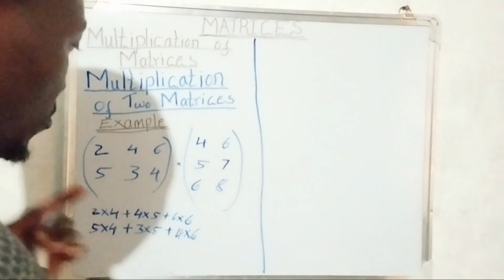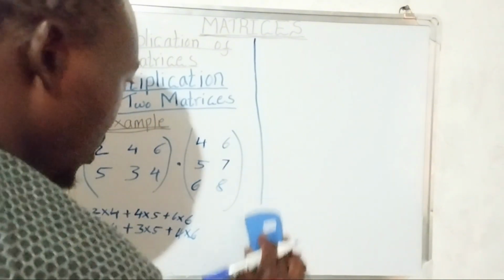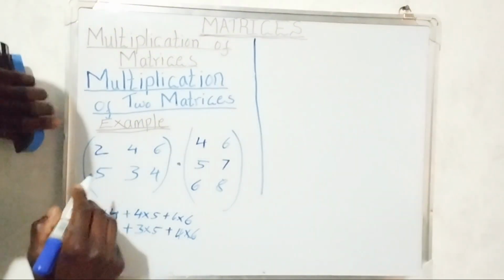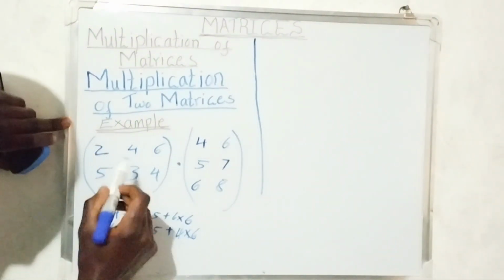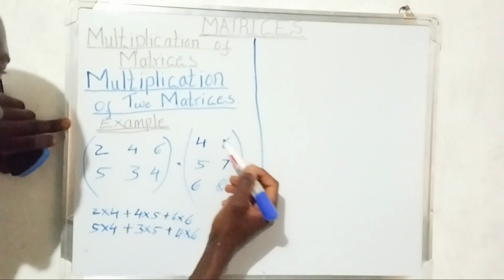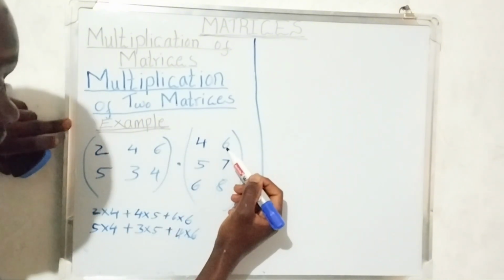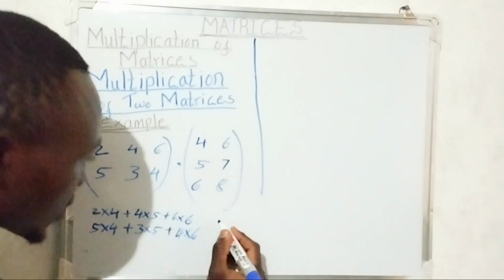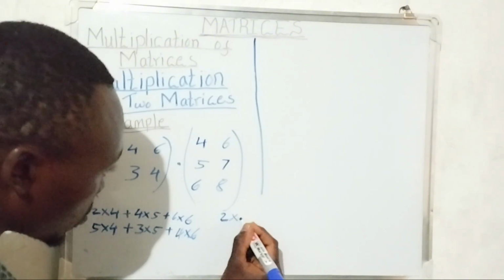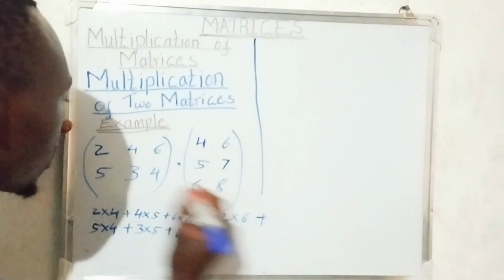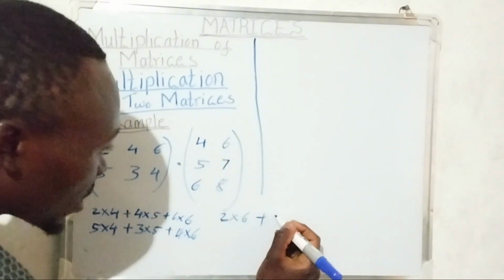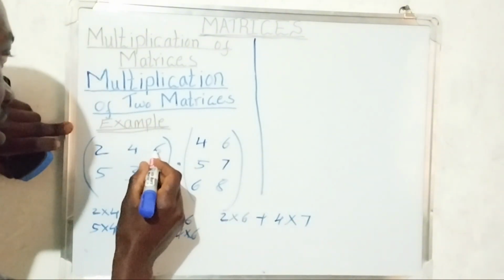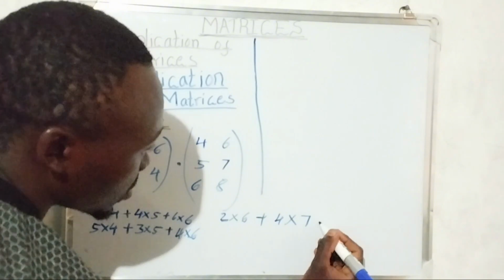Because of space, let me rotate this. So we are going next. The next thing is 2 times the second column: 2 times 6, plus 4 times 7, plus 6 times 8.